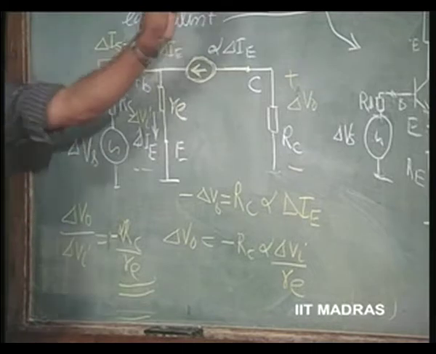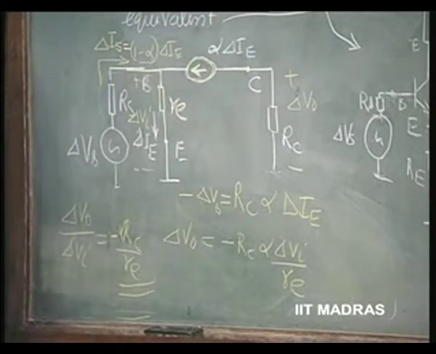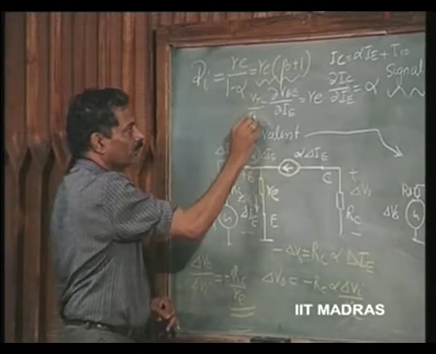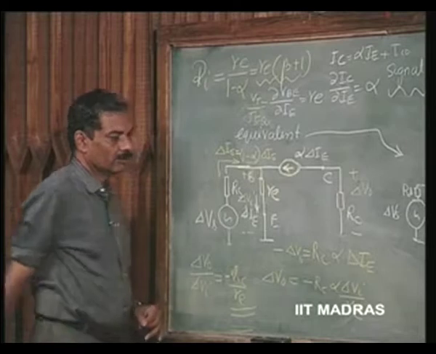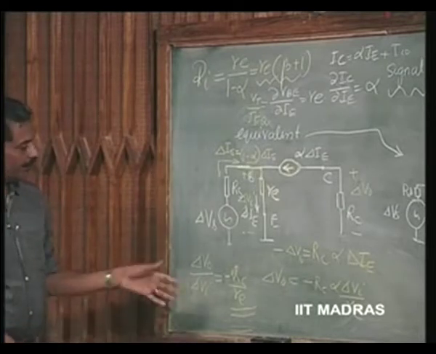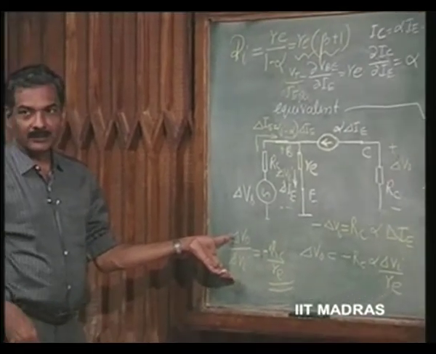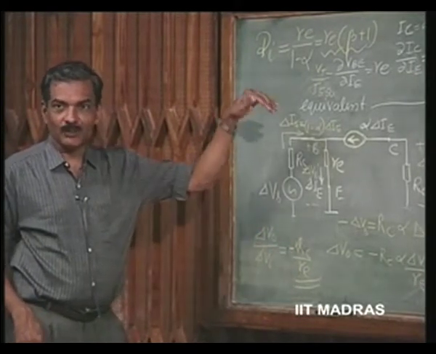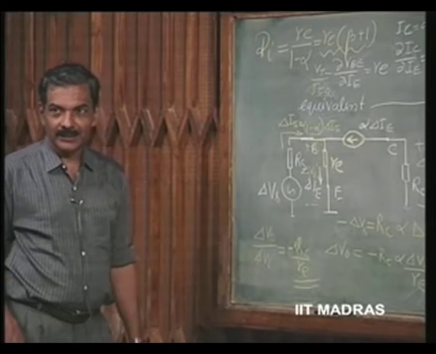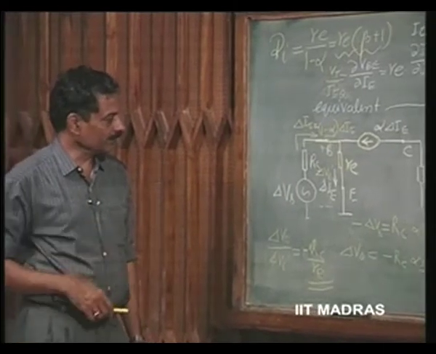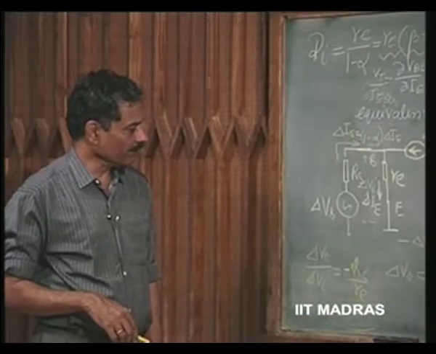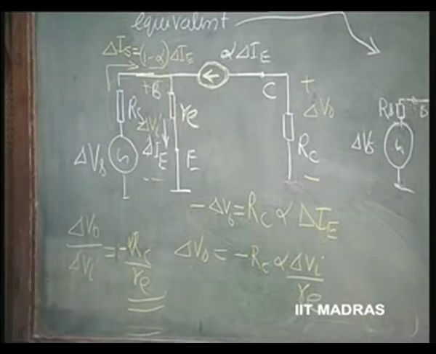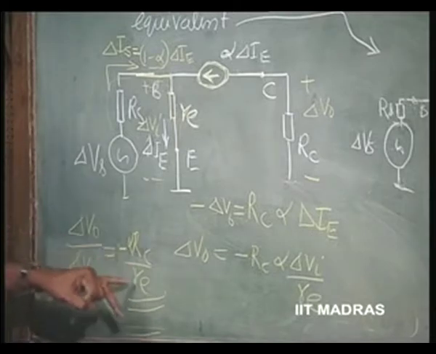RE is already known as VT divided by IEQ. So, the gain of the amplifier is minus, indicating there is an inversion. If the input is increasing, output will be decreasing. This also we had discussed earlier for a general amplifier, and its value is minus alpha RC divided by RE.